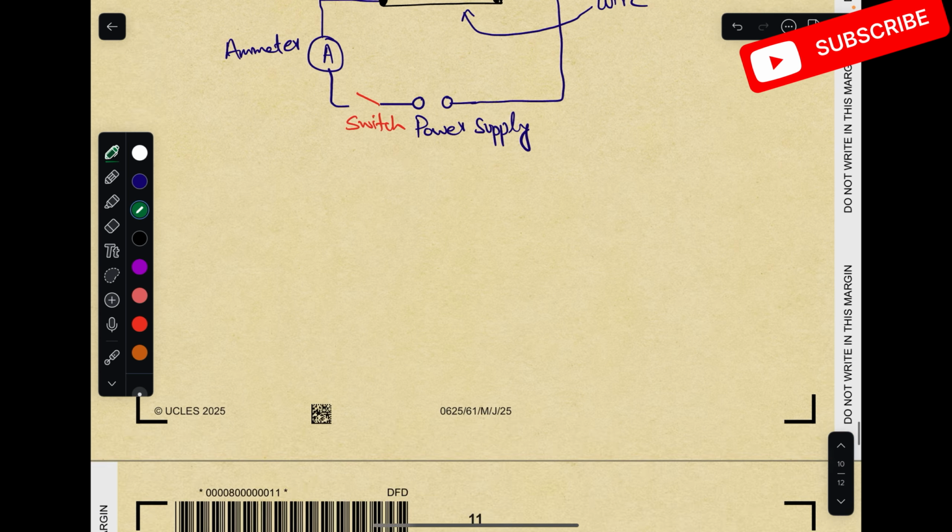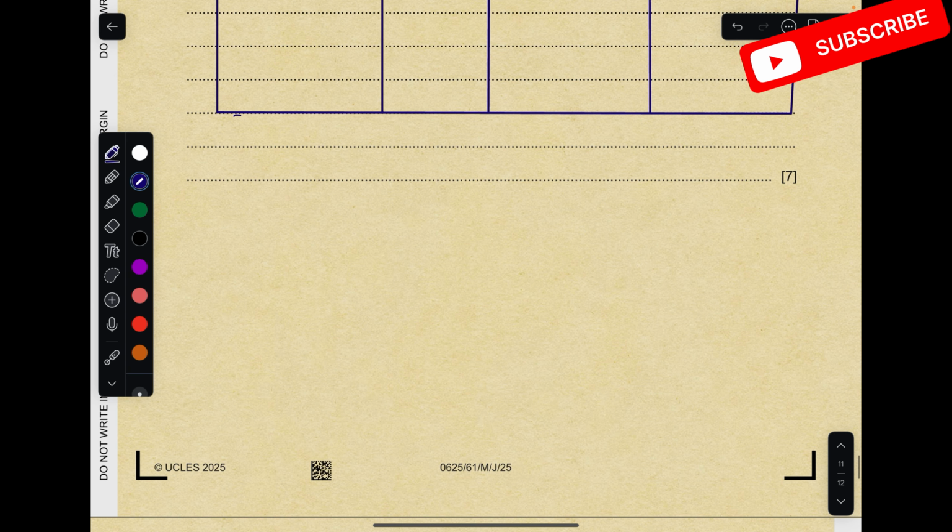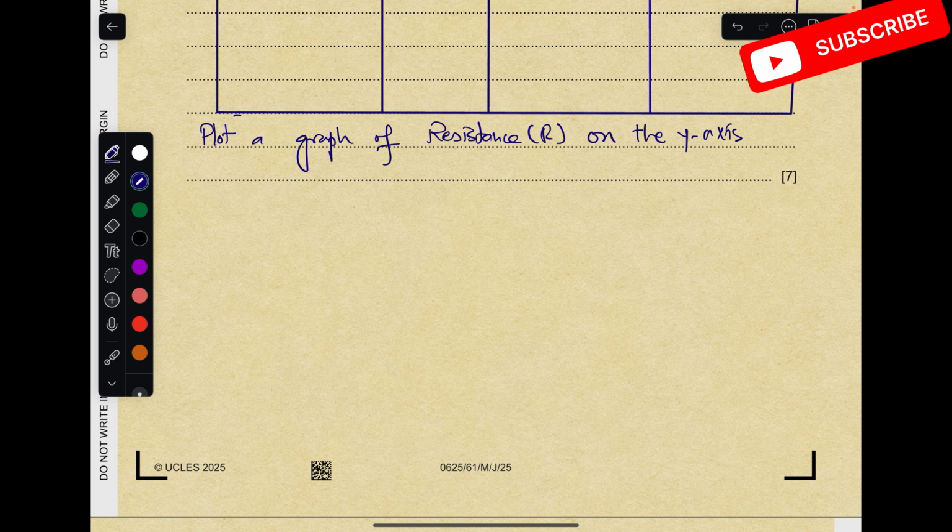So what you can say, this is almost fixed for each and every question: plot a graph of resistance R on the y-axis against diameter D on the x-axis to analyze their relationship.